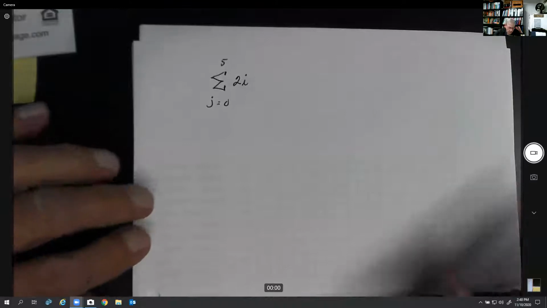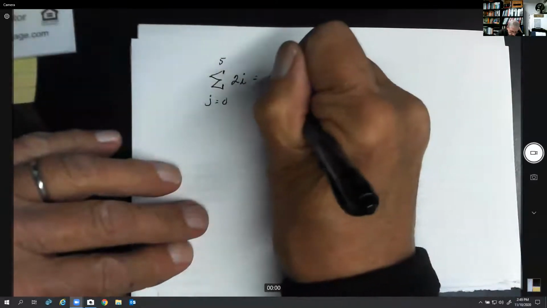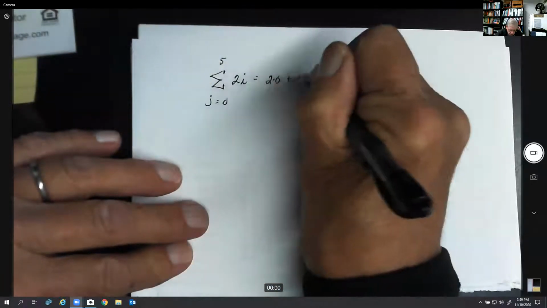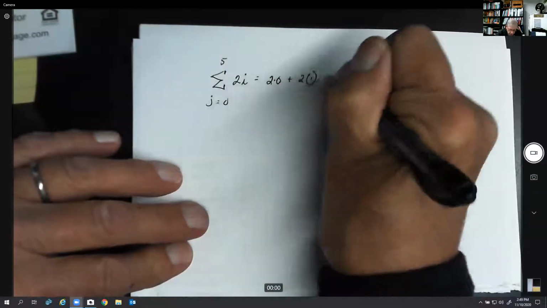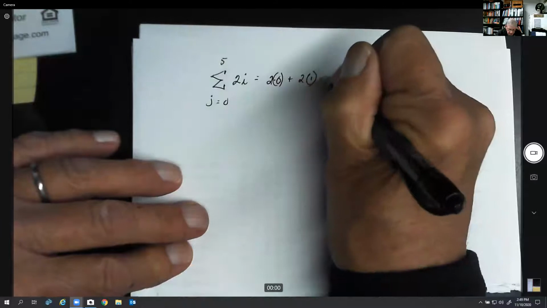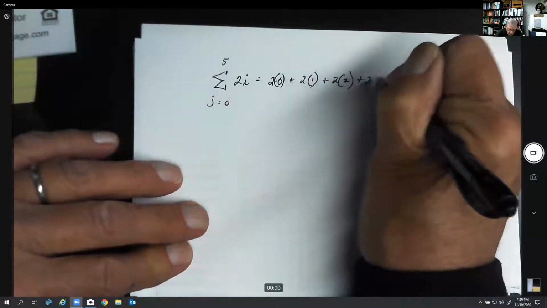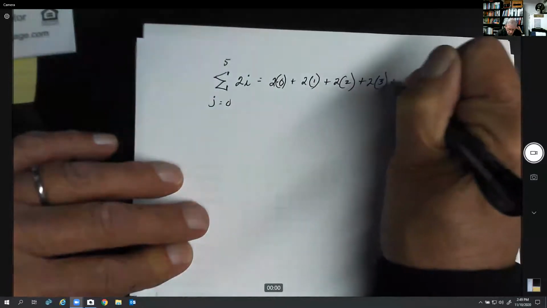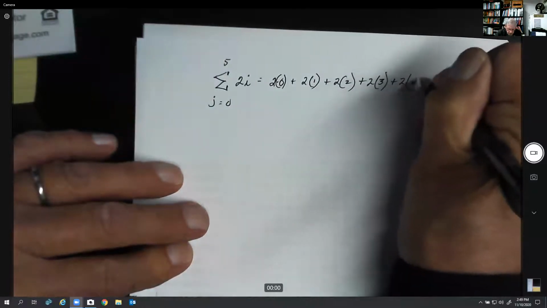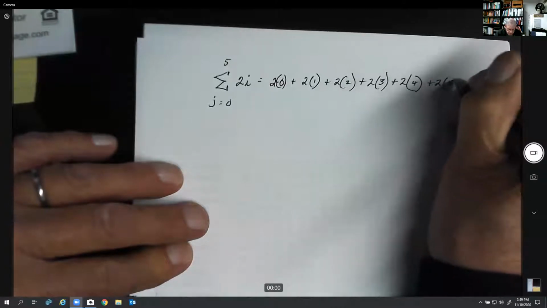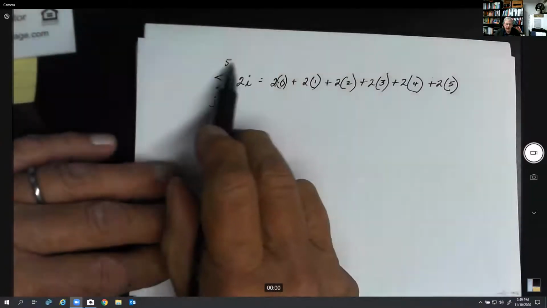Okay, pretty cool. So we're going to start with 2 times 0 plus 2 times 1. Let's put them in parentheses. Plus 2 times 2 plus 2 times 3 plus 2 times 4 plus 2 times 5. And then we stop at 5 because 5 is our last number.